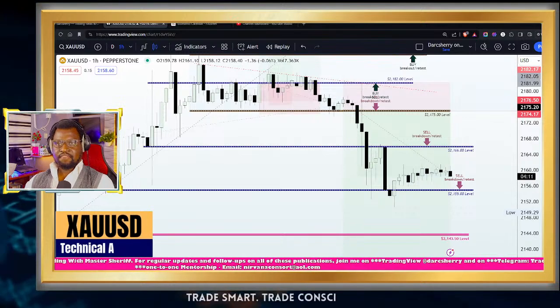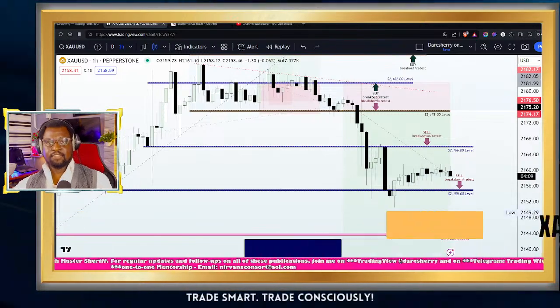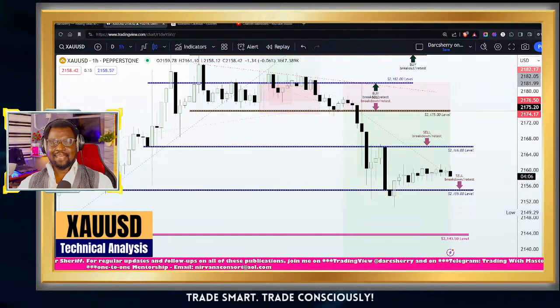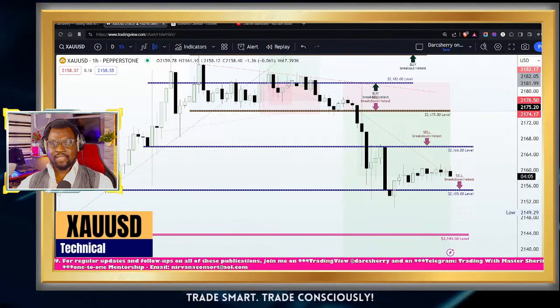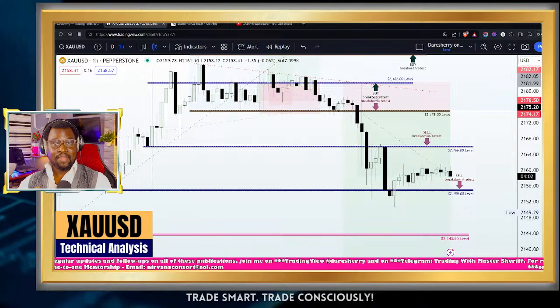The final asset on our watch list for today is my favorite asset, and that is the XAUUSD, popularly known as the gold spot.